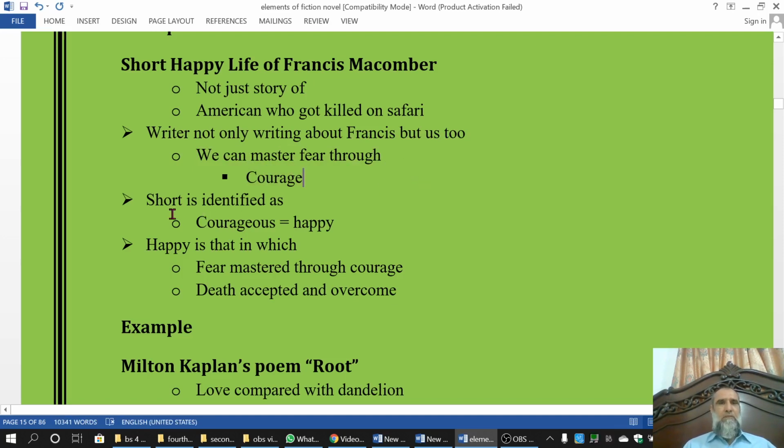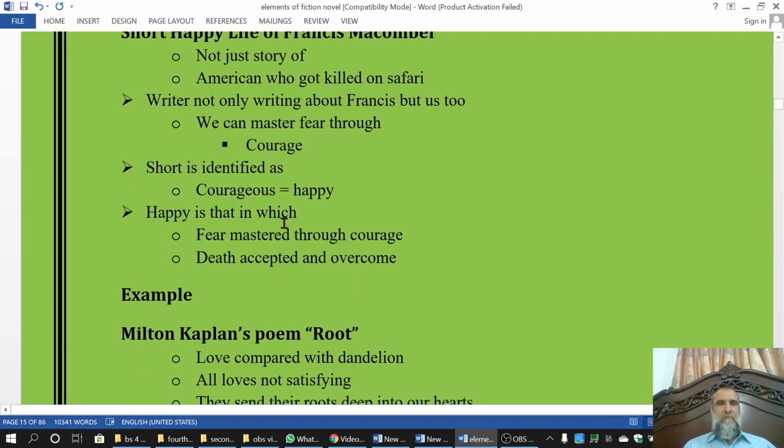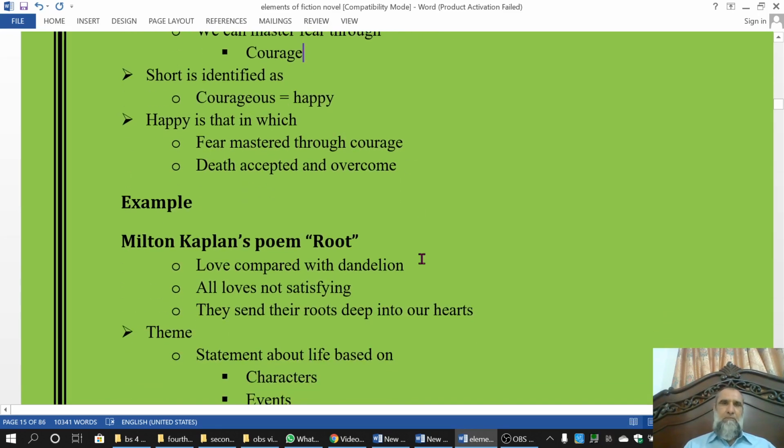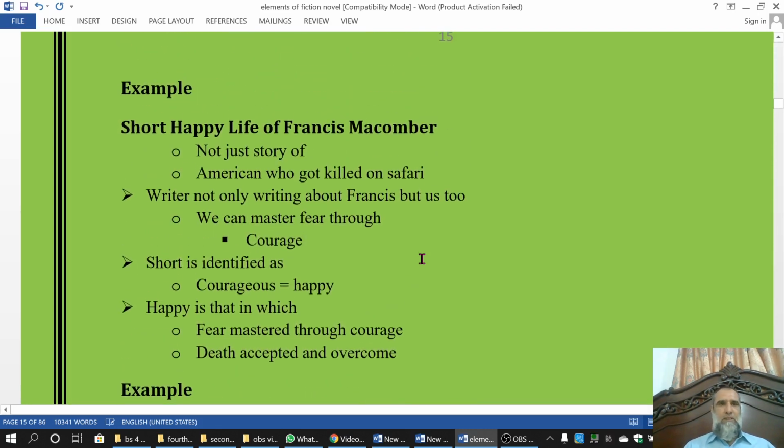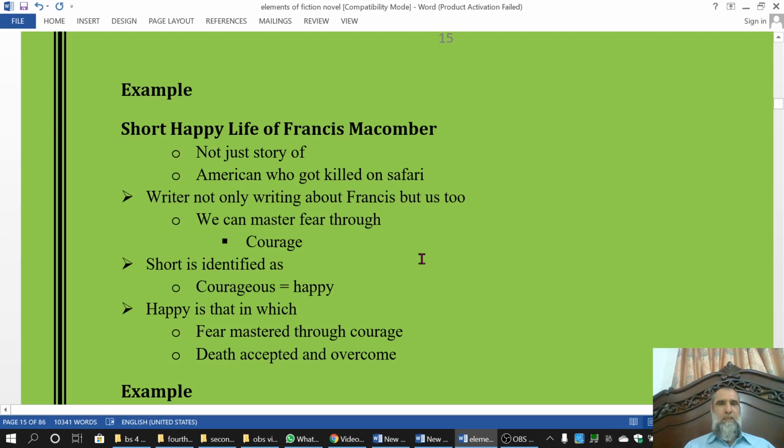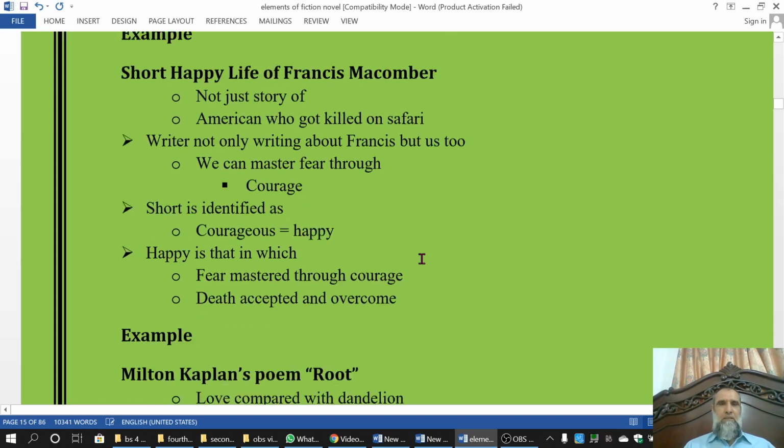And short is identified as courageous, and courageous is identified as happy. So this is the theme we get, in which fear is mastered through courage and death is accepted and overcome. You can overcome death only when you accept it. So this is the first example, The Short Happy Life of Francis Macomber by Hemingway.